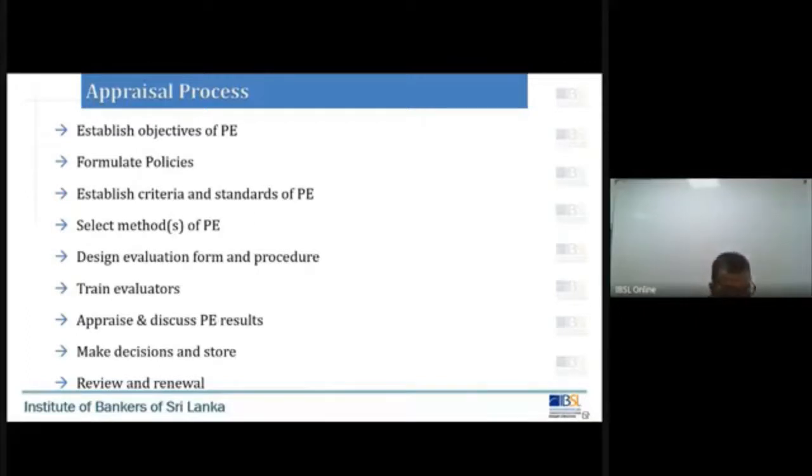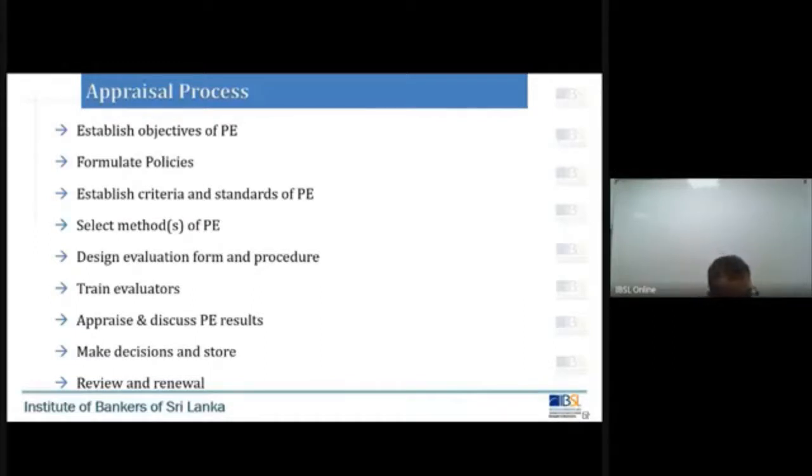Say quality of work, quantity of work, cooperation, initiative are examples of criteria. To what extent you support the management, what initiatives you take, like that.